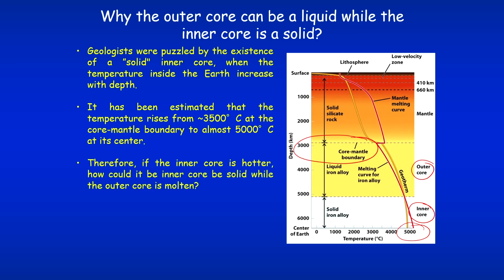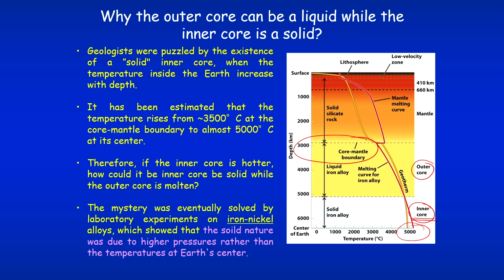Therefore, if the inner core is hotter, how could the inner core be solid while the outer core is molten or liquid?